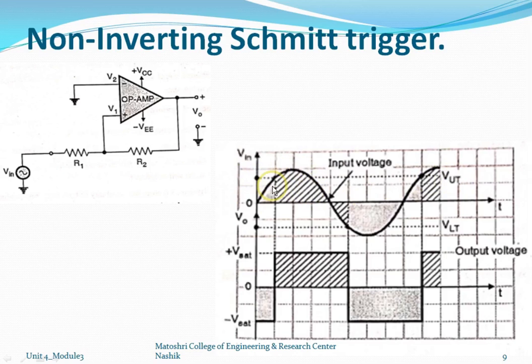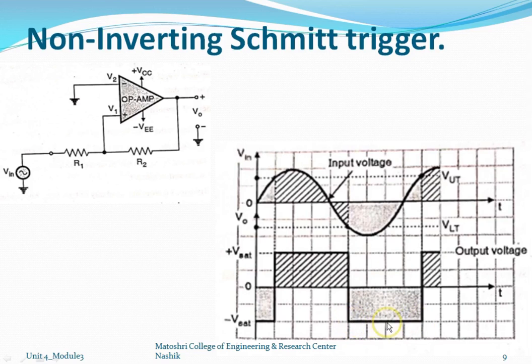When the input voltage crosses point B, the input becomes much more negative, and the output shifts at point B from positive V set to negative V set.